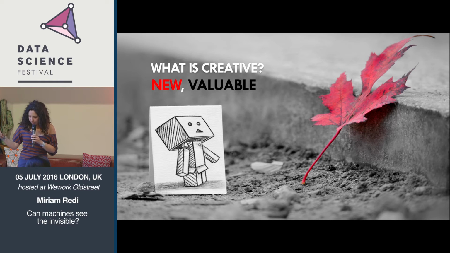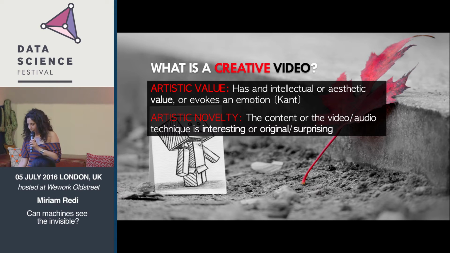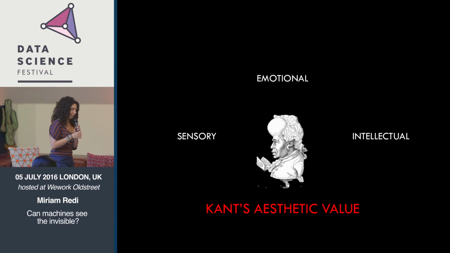Then we take this definition of creativity and we adapt it to the world of micro videos. So we define a creative video as a video having some artistic novelty, so some unusual patterns in the visual or audio channel of the video stream, and some artistic value. And to define artistic value, we had to bother Mr. Immanuel Kant.